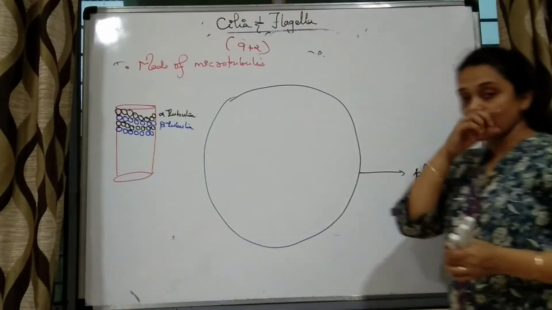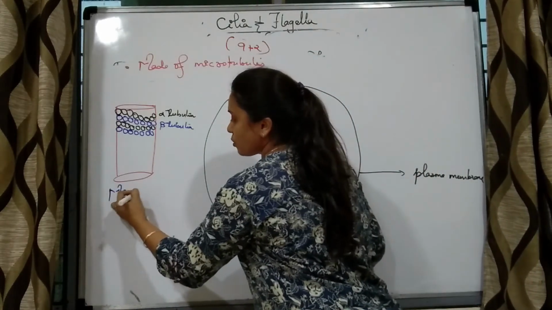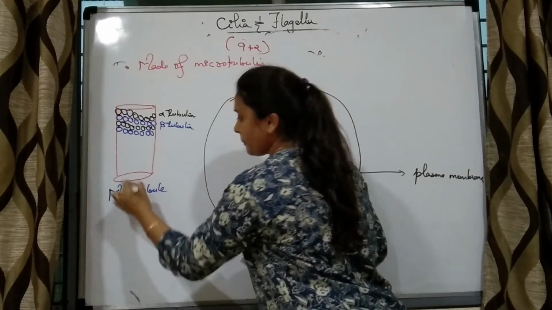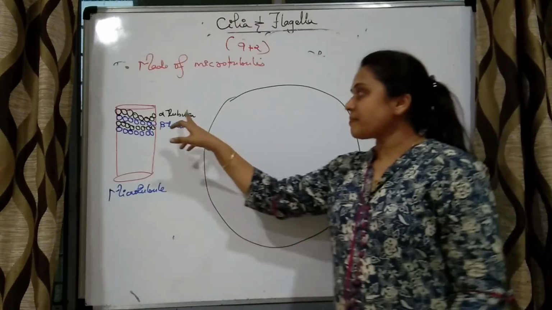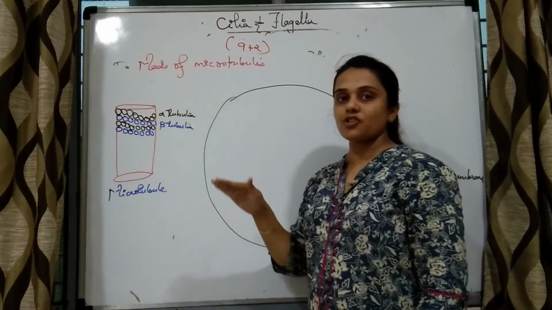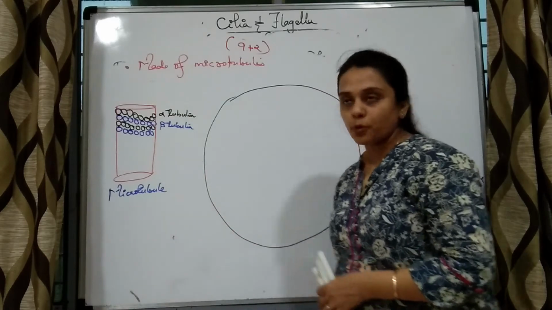This is the structure of a microtubule, made up of alternate arrangement of alpha and beta tubulin proteins.